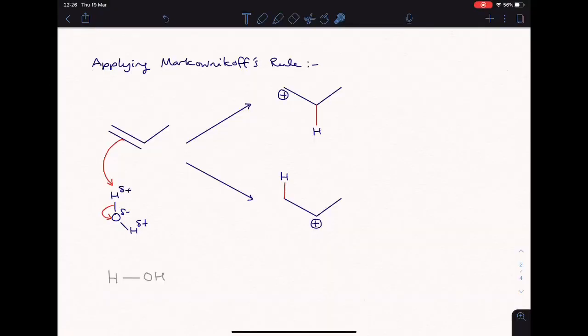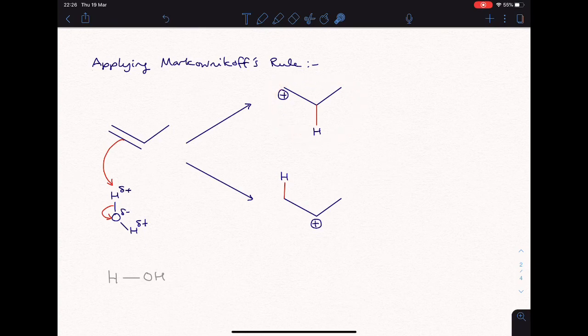So if the pi bond electrons move from the space between this carbon and this carbon here to a space between this carbon and this hydrogen, so here we're going to have this situation, and the carbon on this side here will have lost those bonding pair of electrons and will become positive. So we have this carbocation.